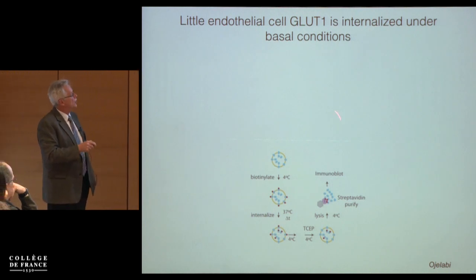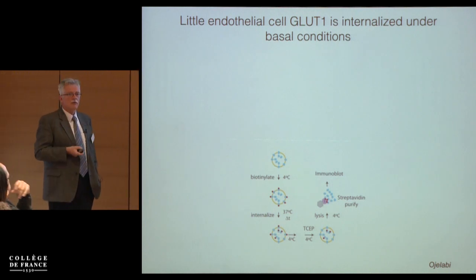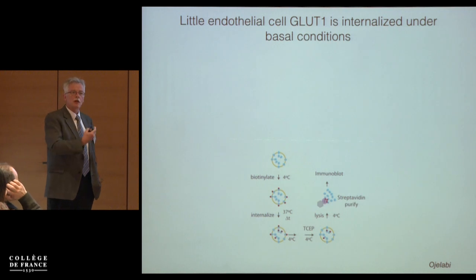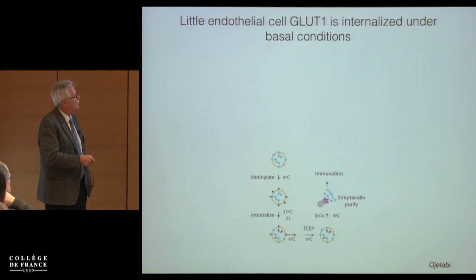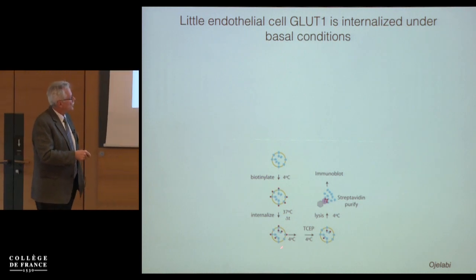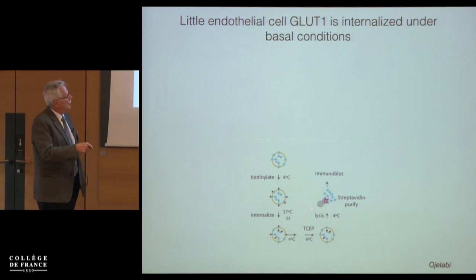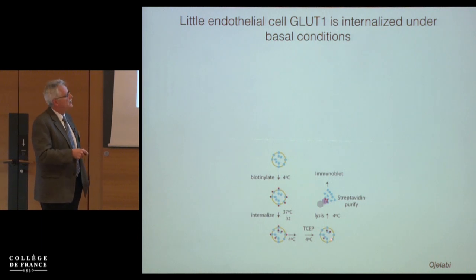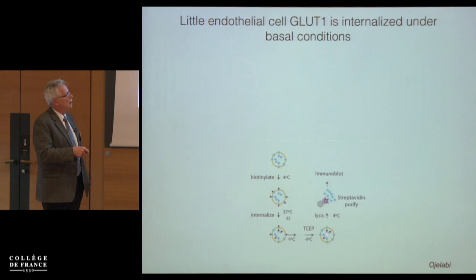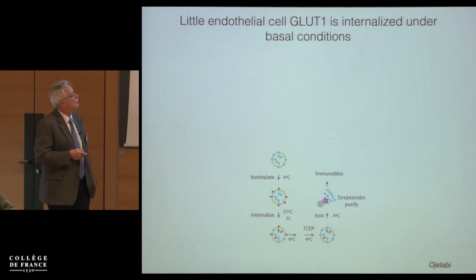You then wash everything away, you warm the cells up to 37 degrees, and let the cells internalize any cell surface proteins that may be present. Then you cool them again, strip off any biotin left at the cell surface, and see how much is now inside the cell and protected from the external reductant by streptavidin purification and immunoblotting.